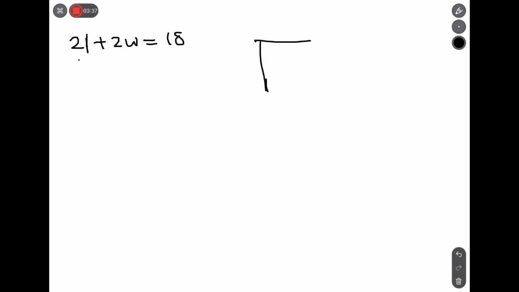We'll label this equation 1. It's supposed to be a rectangle, not a square, but you get the point. We're also told that the area, which is the length times the width of the same rectangle, is equal to 18 feet squared.